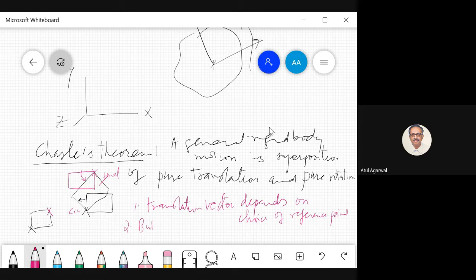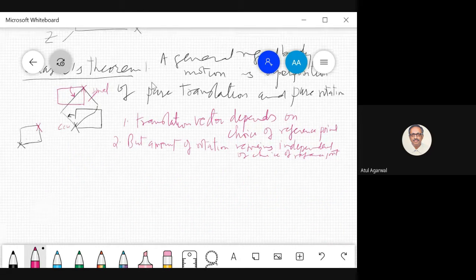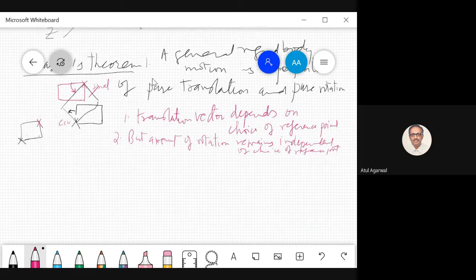But amount of rotation remains independent of choice of reference point. So these are two important points in Chasles' theorem. So what is generally done is we choose reference point as the center of mass.